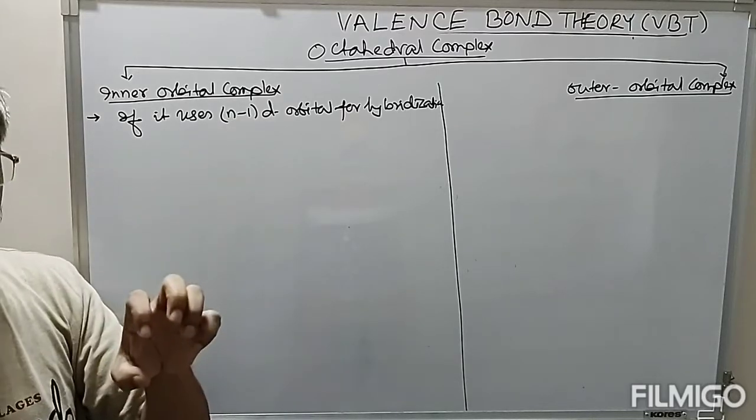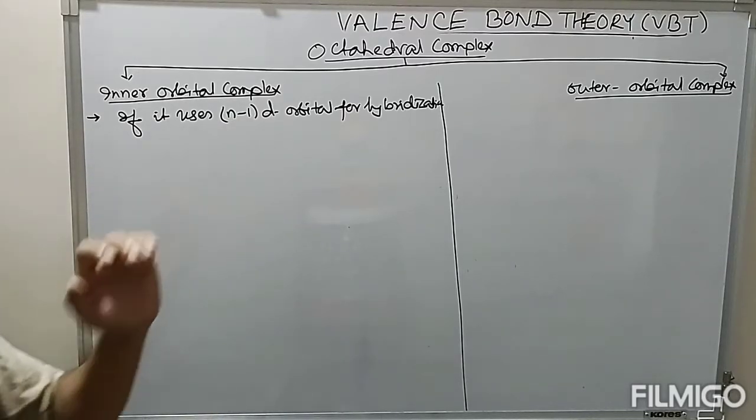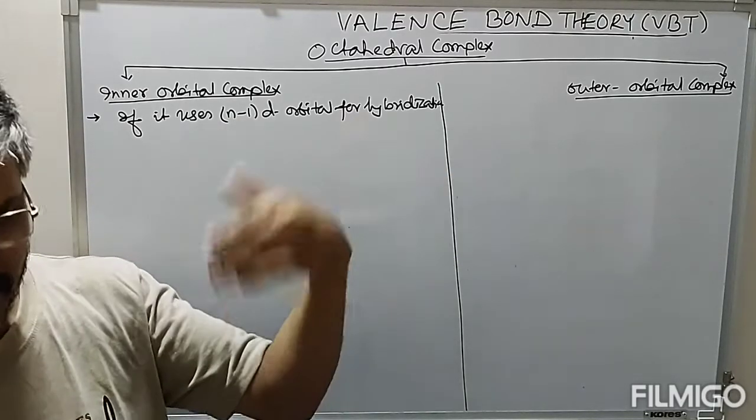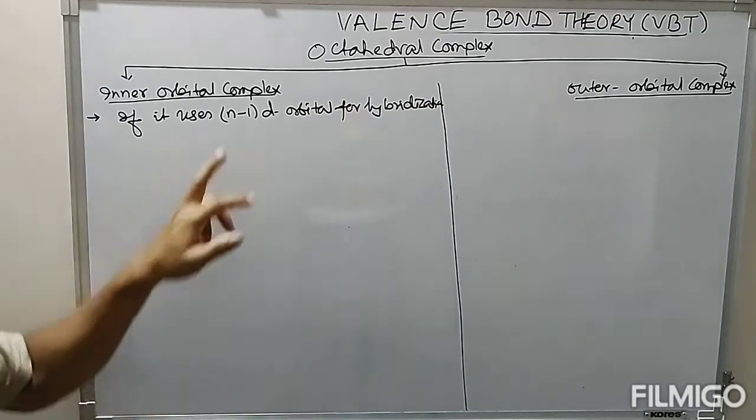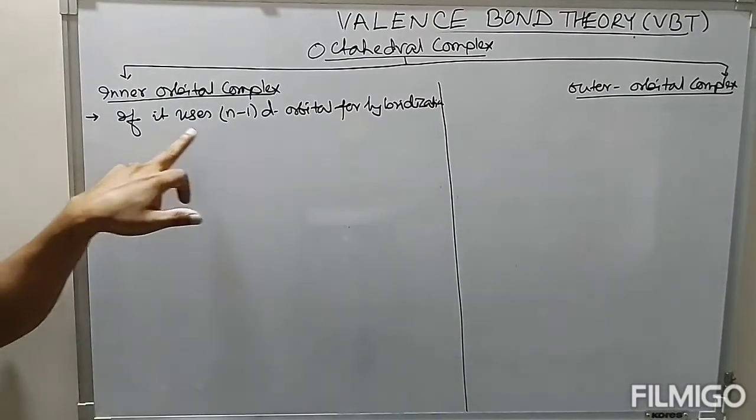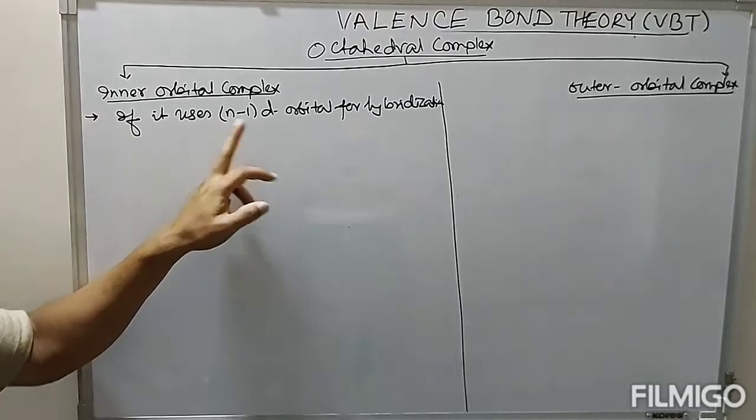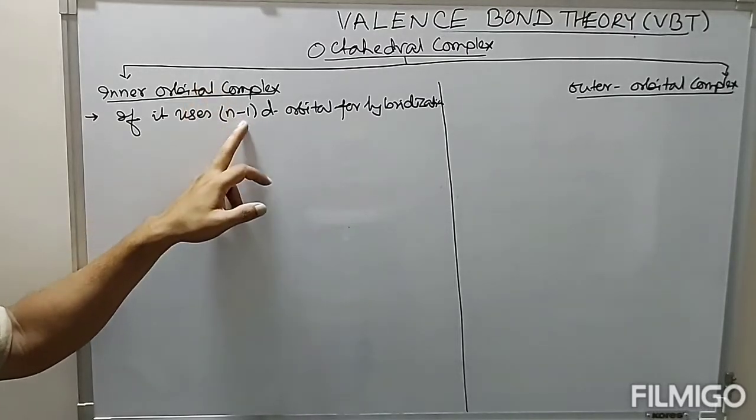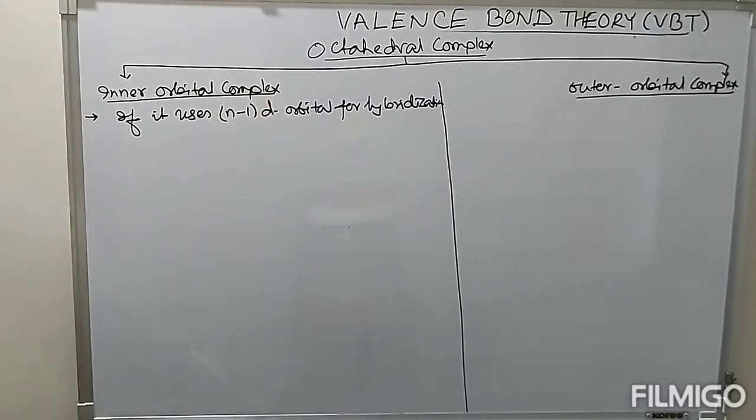So if the d orbital used is not from the valency shell but is from n-1, where n is the valency shell, then these types of octahedral complex are known as inner orbital octahedral complex.